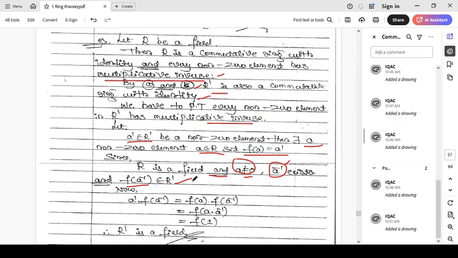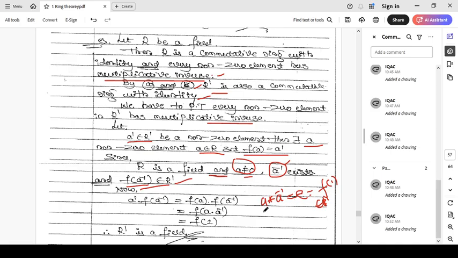So f is a mapping from R to R dash. Therefore, we have got this one. Now, according to the condition of inverse, we need to show that a star a inverse is equal to e. Here the e value is f of 1, because f of 1 belongs to R dash, and f of 1 acts as the identity element of R dash.